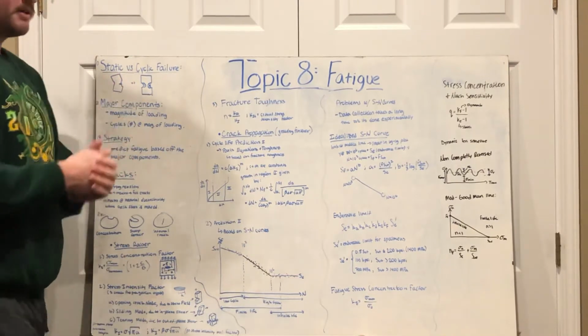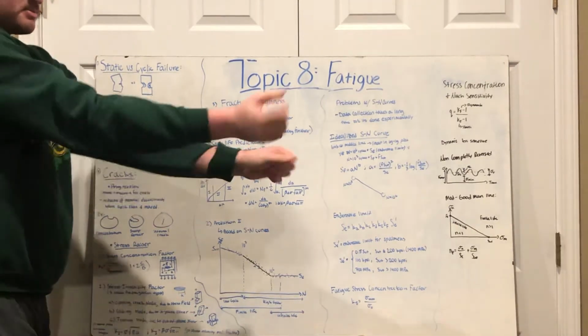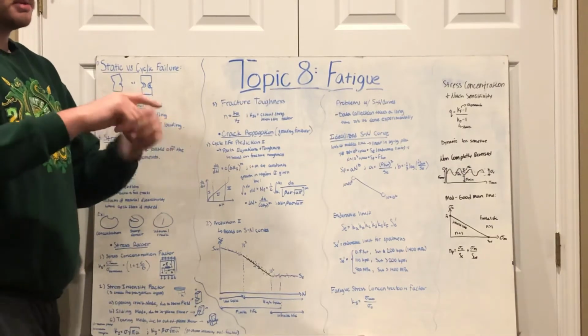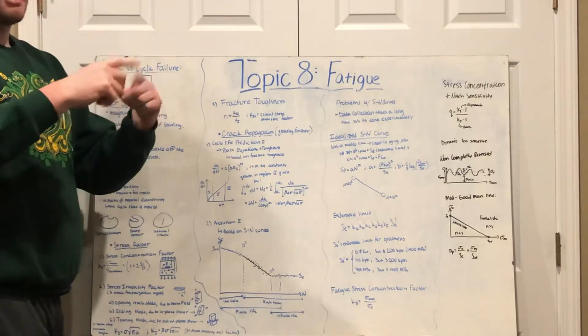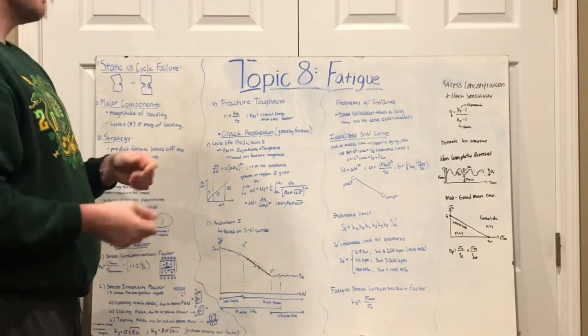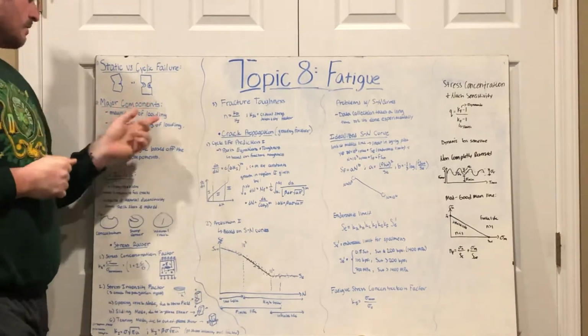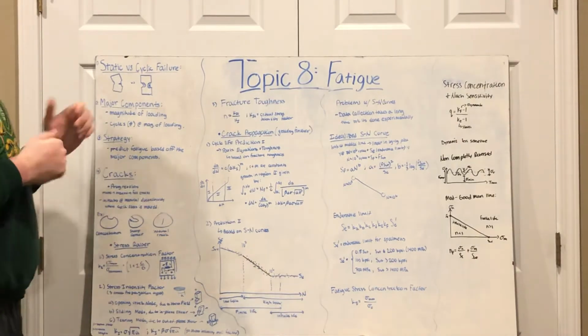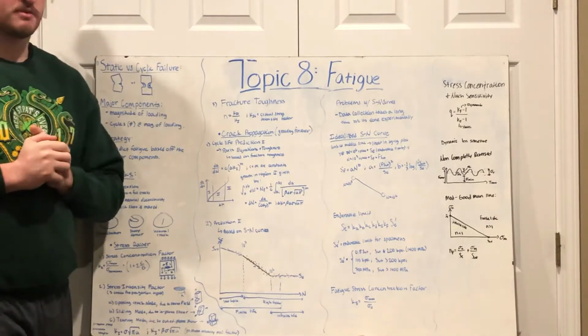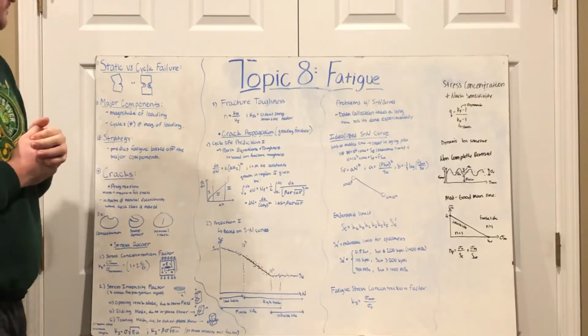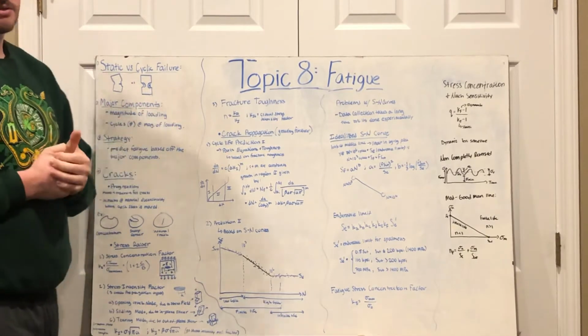Now, cyclic failure is something that happens repeatedly. Say you have a piece of metal and you just sit there and start wobbling it. You wobble, wobble, wobble, and eventually, boom, it breaks. That's cyclic failure. Now let's look at the major components of fatigue and failure. One is the magnitude of the loading, and the other is the number of cycles at that magnitude of loading.